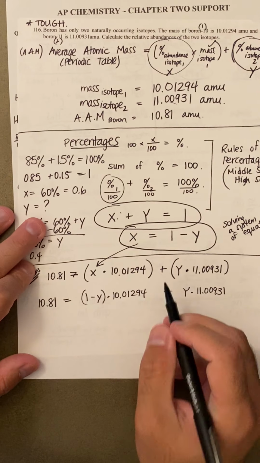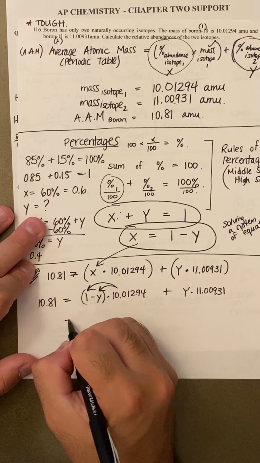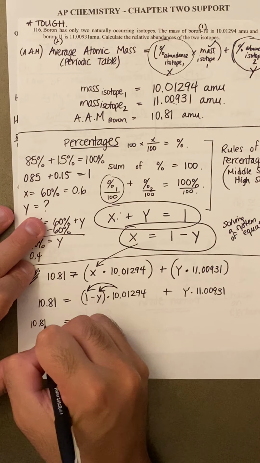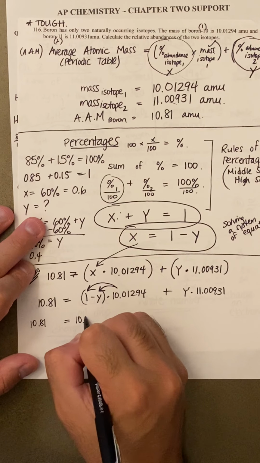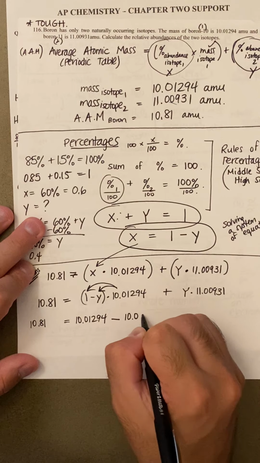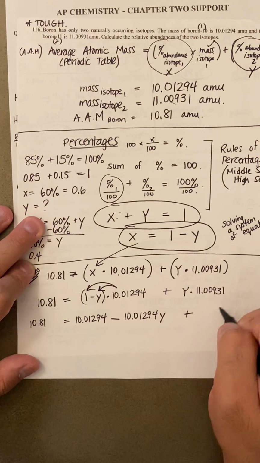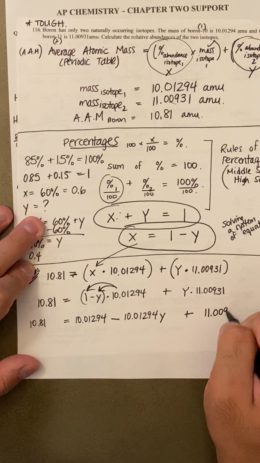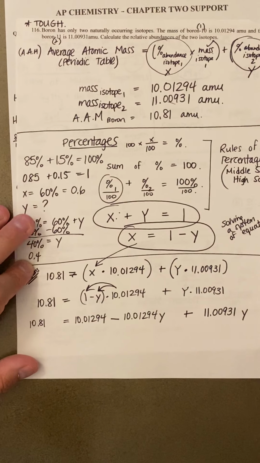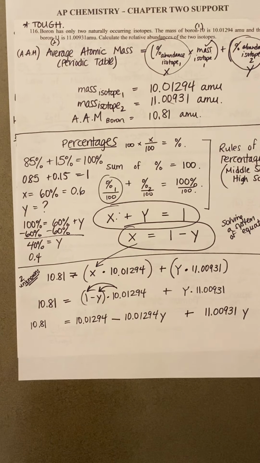Well, I could use the distributive property here, and multiply 10.01294 to both of these. So I'm going to have 10.81 is equal to 10.01294 minus 10.01294y plus 11.00931y. I just combine these two and rearrange it so it looks prettier.